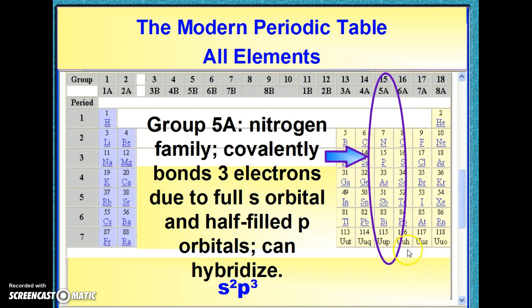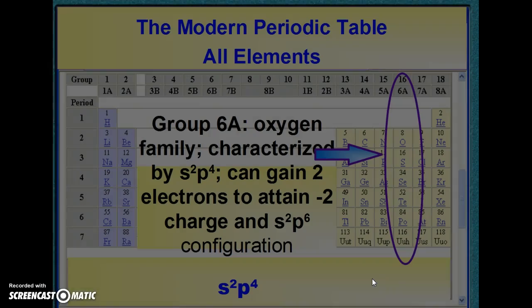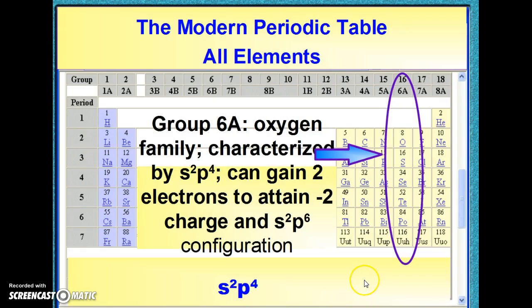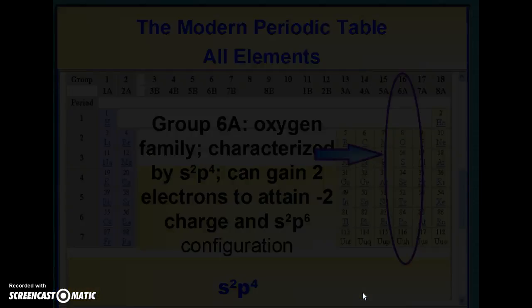All of them are half filled, and so s2p3 is what we find in this column. Group 6A are the oxygen family. They're characterized by s2p4, 1, 2, 3, 4. These can either gain 2 electrons and become 2- ions, or they can share, as they do in water.